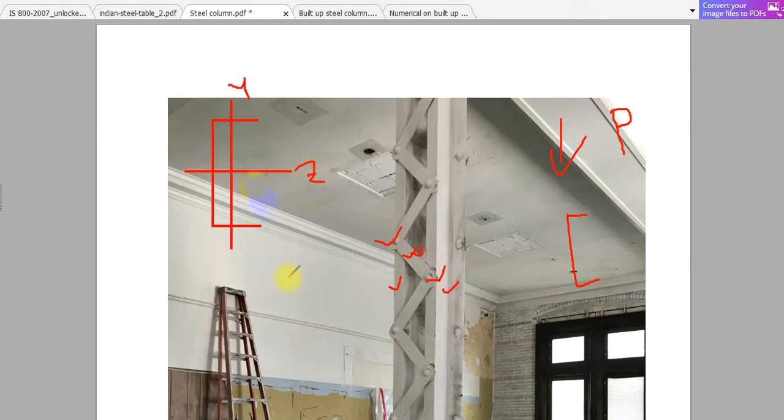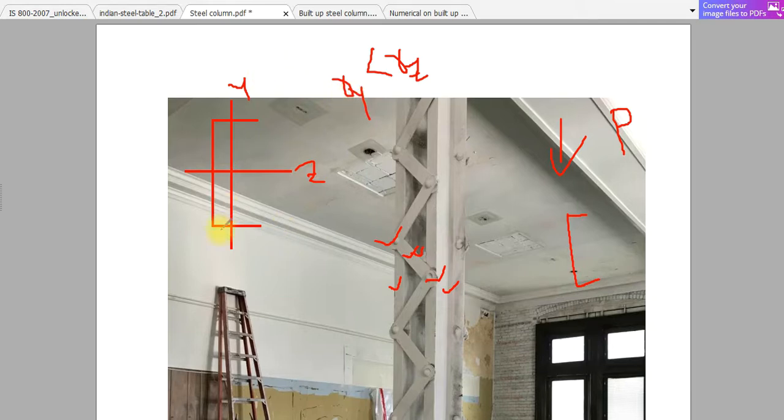Here in this section, for a particular channel section, you can see that ry is less than rz. If ry is less than rz, that means the slenderness ratio about the y-axis will be more. So if this column or channel section fails, it will certainly fail about this y-axis.